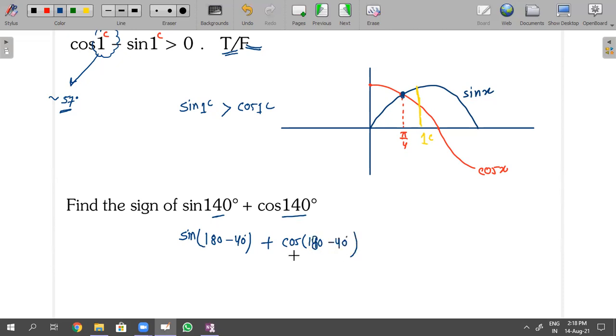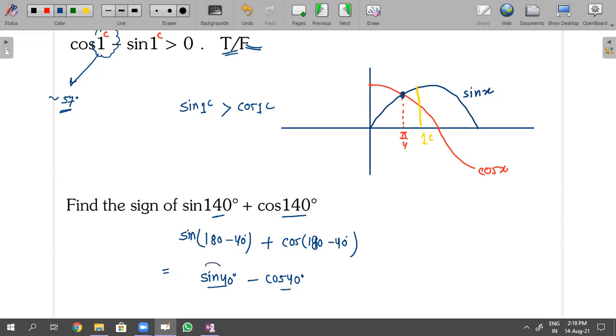Now what does 180 minus theta reduction stand for in sine? This will give you sine theta. We have sine 40 degrees, and from the second one we have negative cosine 40 degrees. Sine 40 degrees is a positive value, as well as cosine 40.